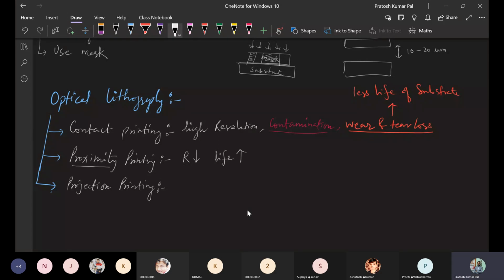So in proximity printing, the resolution of the lithography will reduce as the mask is going away from the semiconductor surface, but the life will increase because there will be no wear and tear loss, since there is a gap between these two. Also there will be less chance of contamination.